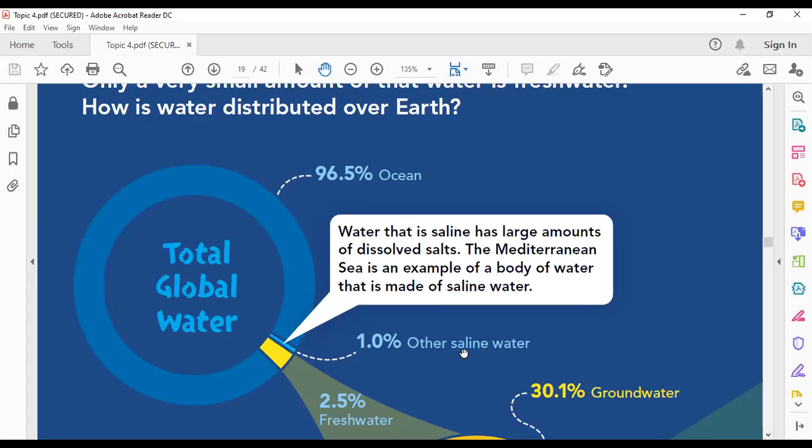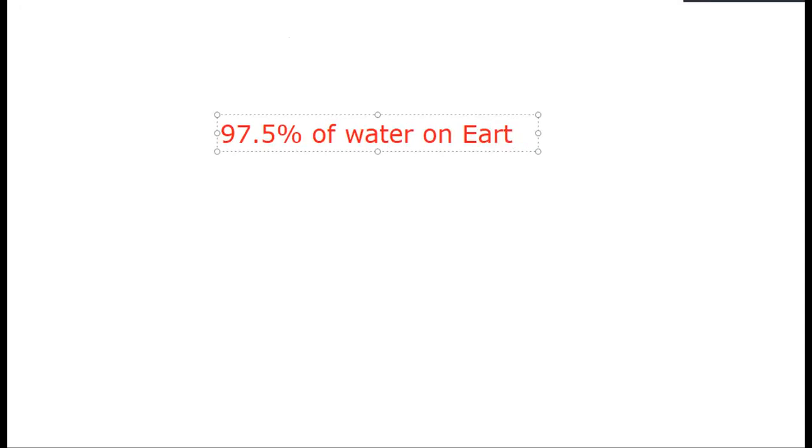The word saline means salty water. So most of the water on Earth is salt water. 97.5% of water on Earth is saline.